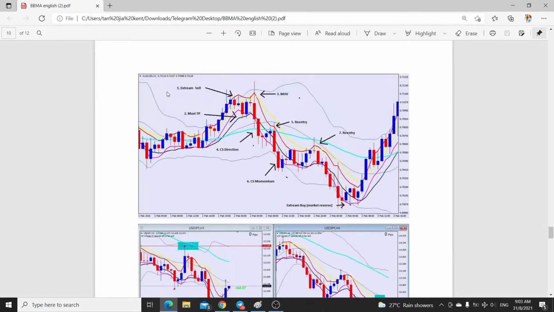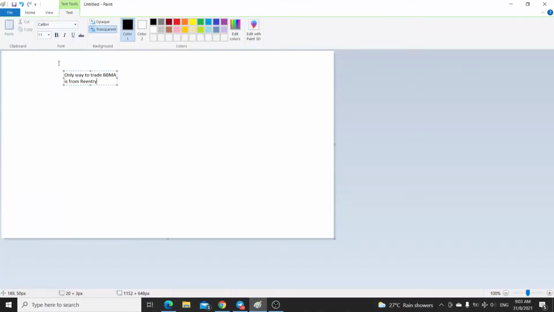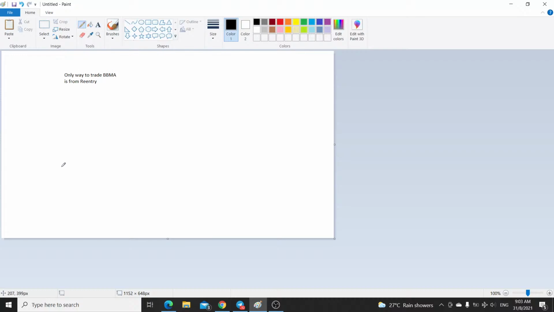So this is structure. BBMA is like this. Price goes up, and then you have this extreme here.